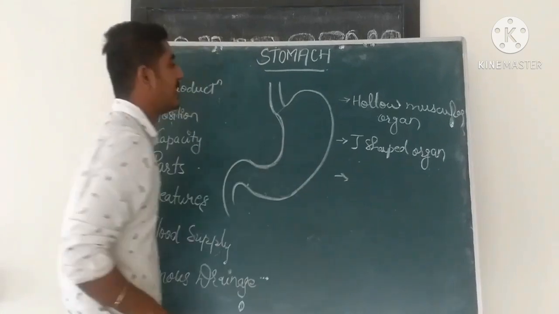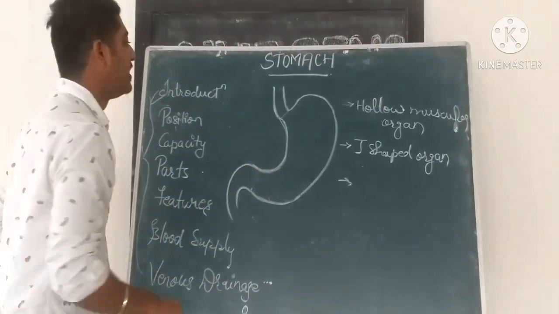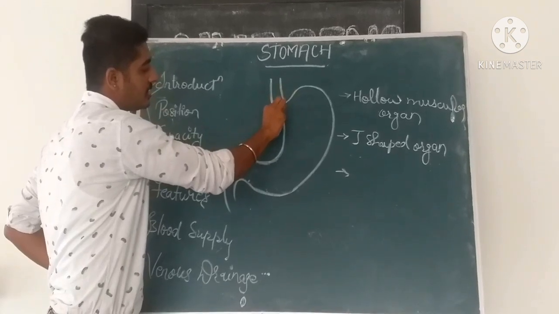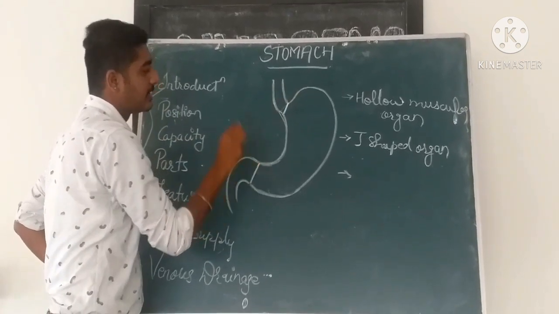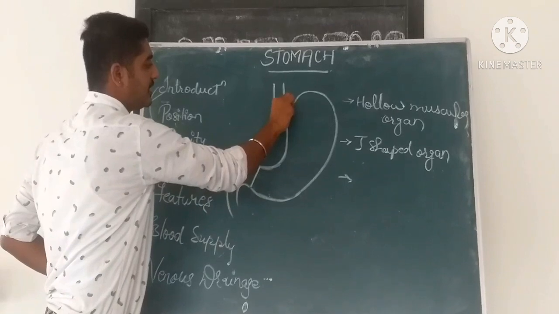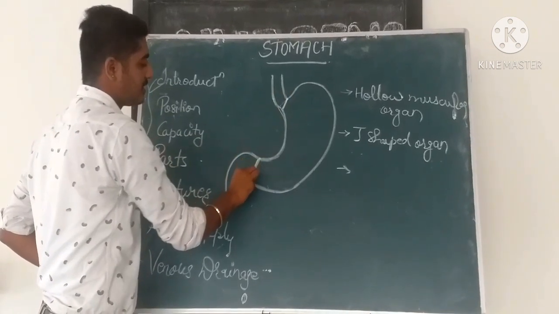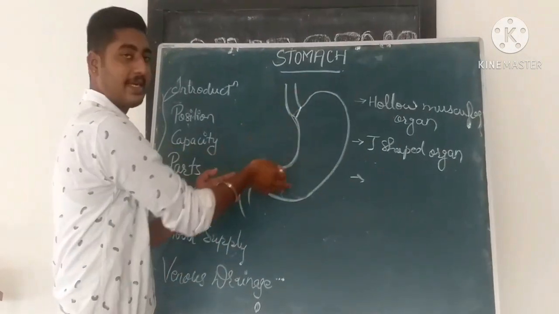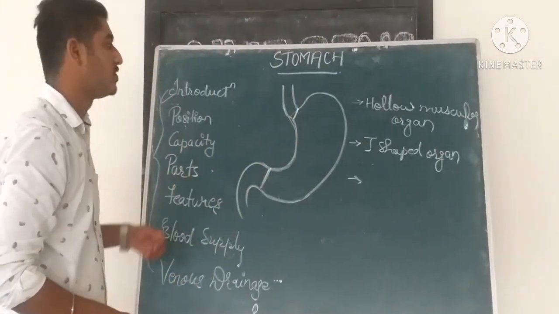Next we can say that the stomach extends from the cardiac notch up till the pyloric canal. So this is the cardiac notch and this is the pyloric canal end. In detail we will study further in the parts of stomach.